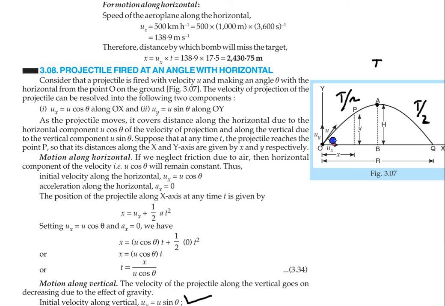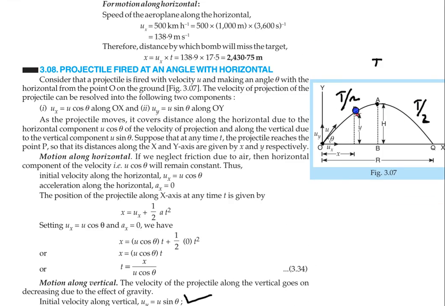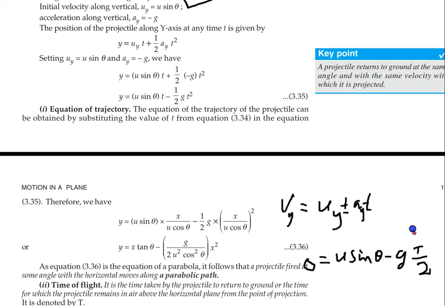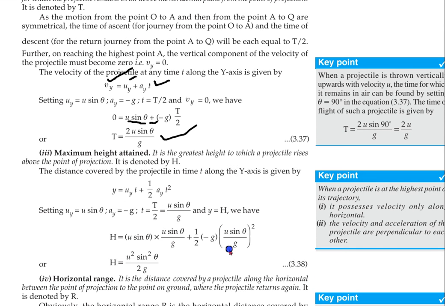So instead of t, I'll put T by 2, because the total time required is capital T and here I find only the half part. If I transfer and solve it, I'll get T equal to 2 U sine theta by g. That is the total time of flight it takes from the beginning until it returns to the ground.